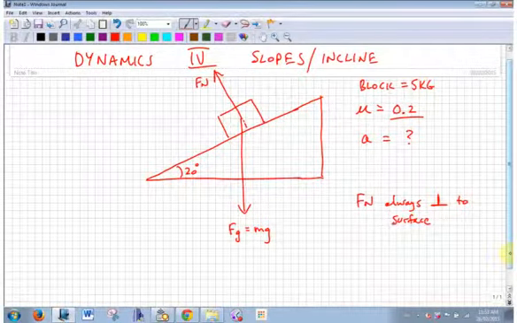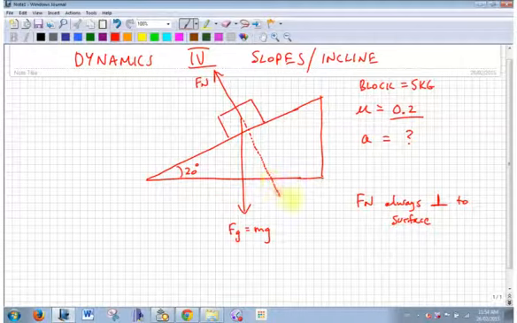So what is causing this thing to slide down? The weight is. But it's not just the weight as you look at it. We need to actually break this thing into its components. So for weight, there is a component that is perpendicular to the surface. That is the component that tells you how much is resting on the surface. Okay? In other words, that's exactly opposite to our normal force, right?